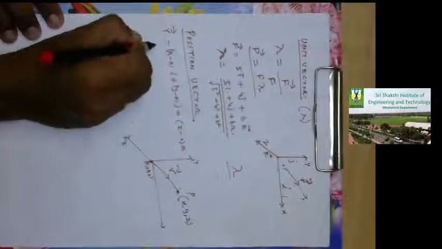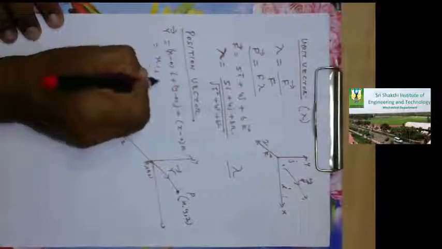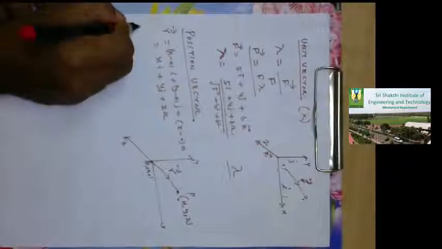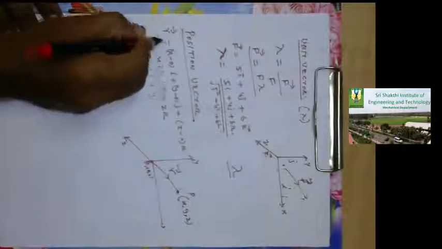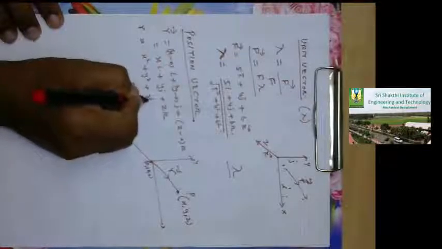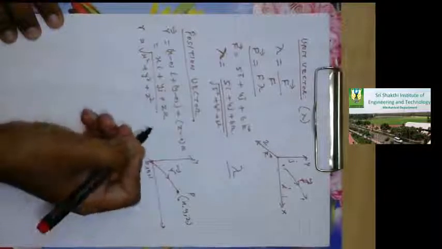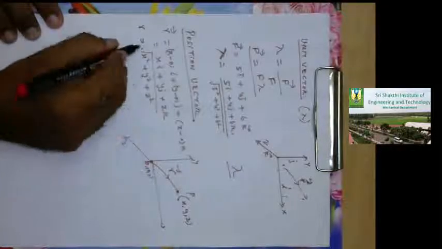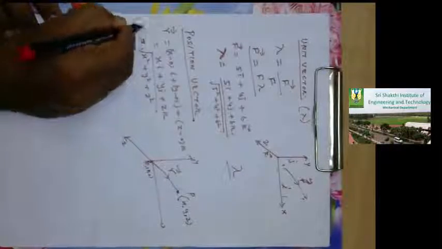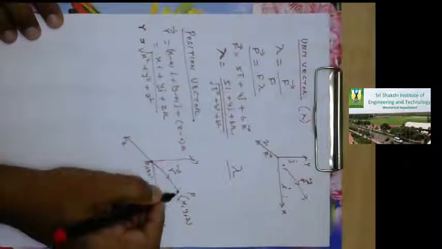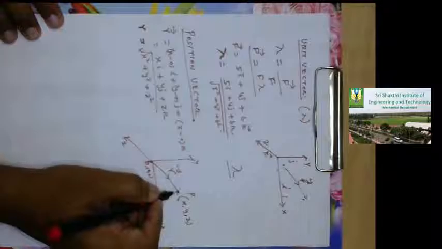So this will be equivalent to xi plus yj plus zk. The magnitude of this r vector is the root of x square plus y square plus z square. This will give you the magnitude of this position vector r, for any point in space. This is the way you have to find it.